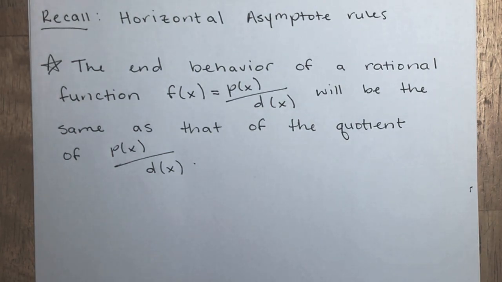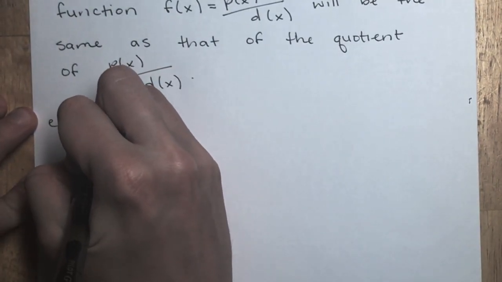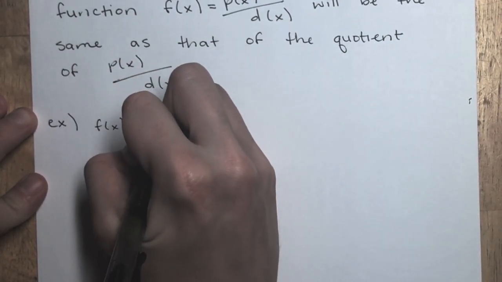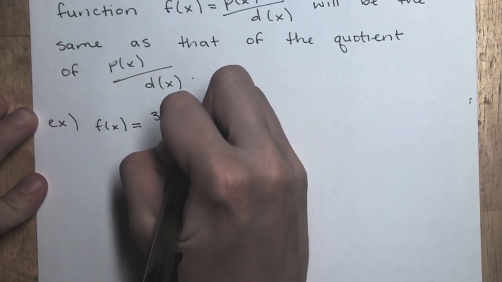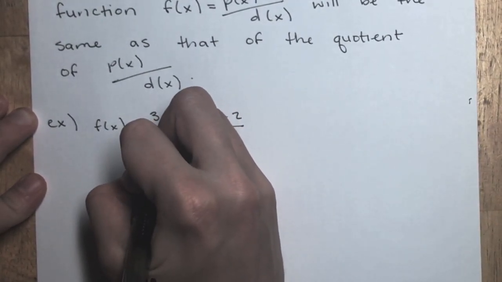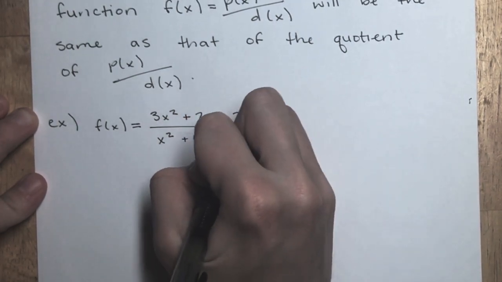Okay, let's look at some examples here. Let's say we're looking at f of x equals 3x squared plus 2x plus 2 divided by x squared plus 5x plus 1.